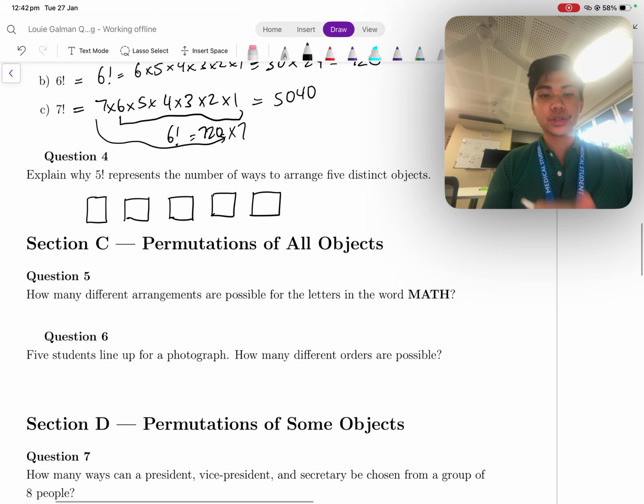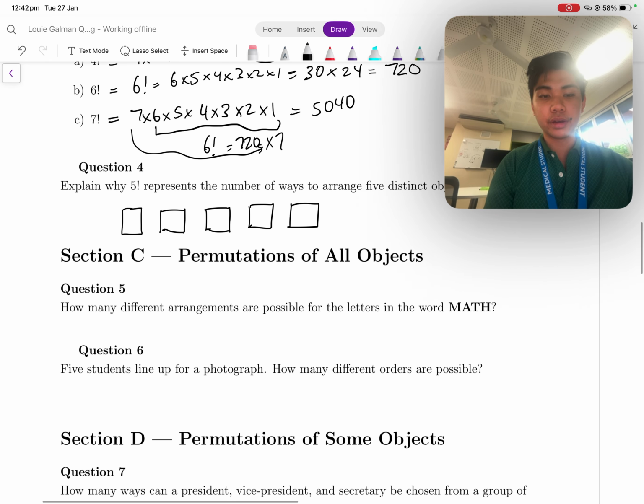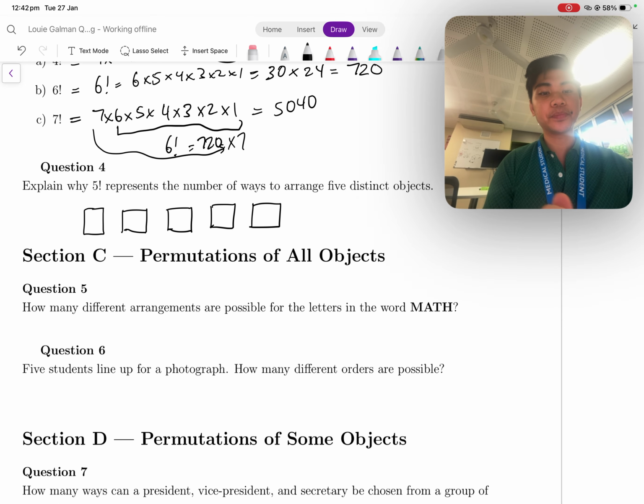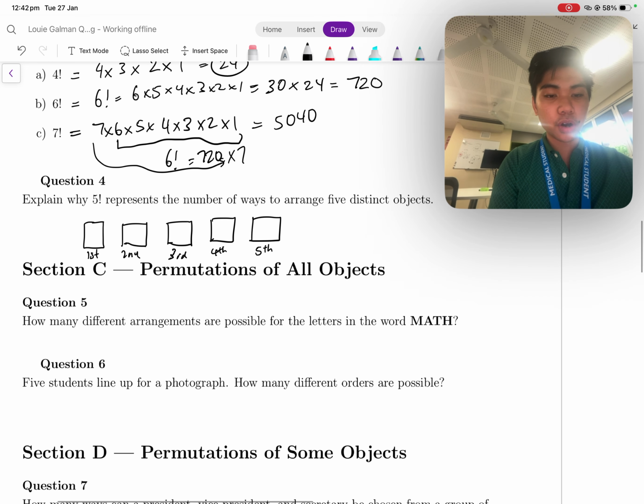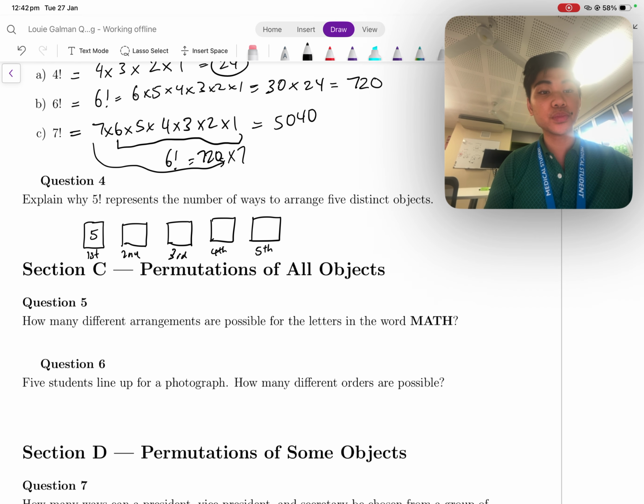So say we have 5 distinct objects. In the first spot, first, second, I'll just number these because we are talking about arranging, so order matters. In the first box, I have 5 different possible objects that I can put in there, because I haven't arranged anything yet.